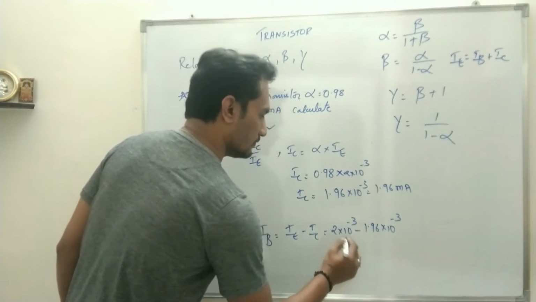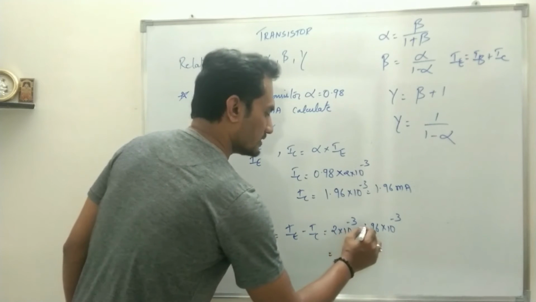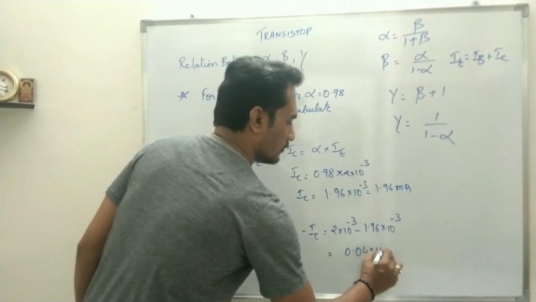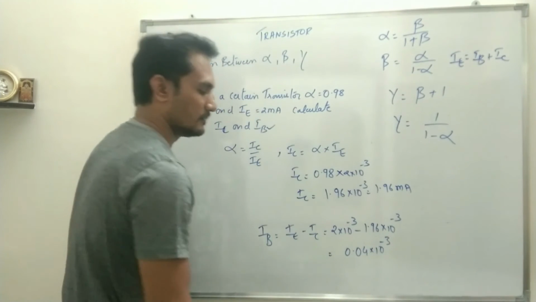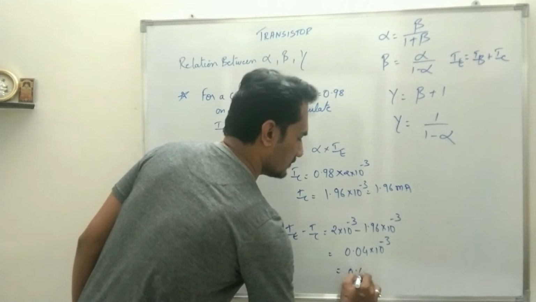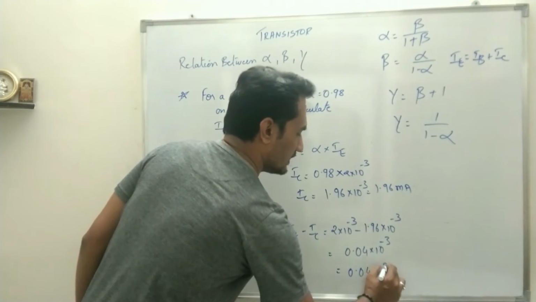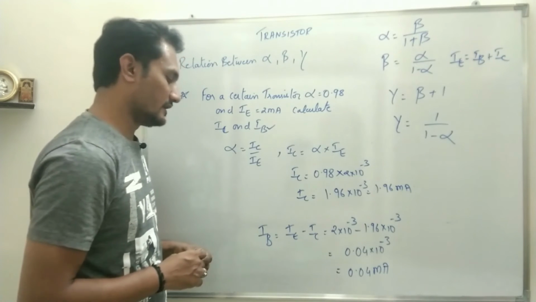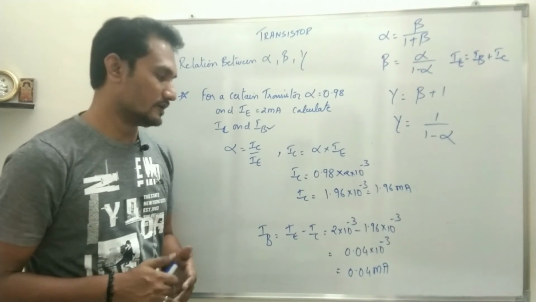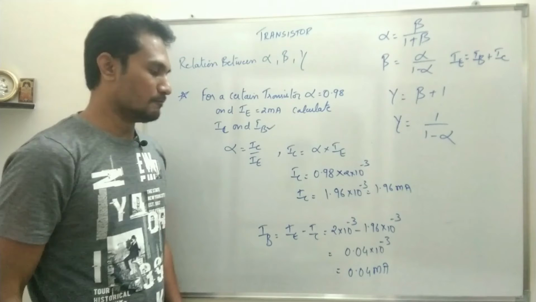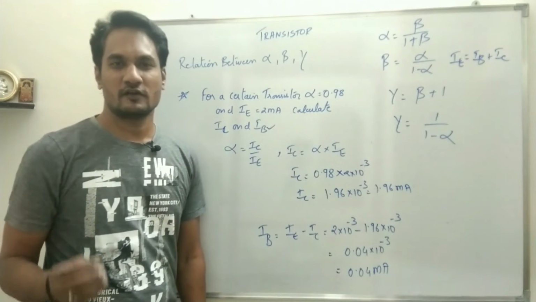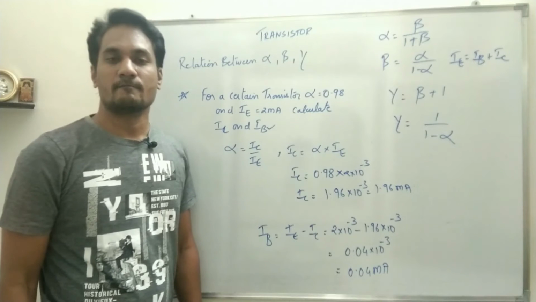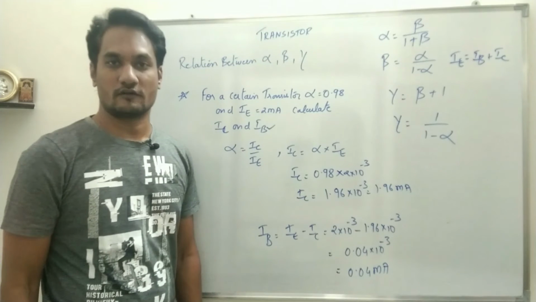Minus 3 will be taken common. 2 minus 1.96 is 0.04 into 10 to the power minus 3, and 10 to the power minus 3 can be written as milli, and the unit of current is ampere. So it will be 0.04 milliampere. So such very basic problems will be asked on the transistor configuration.